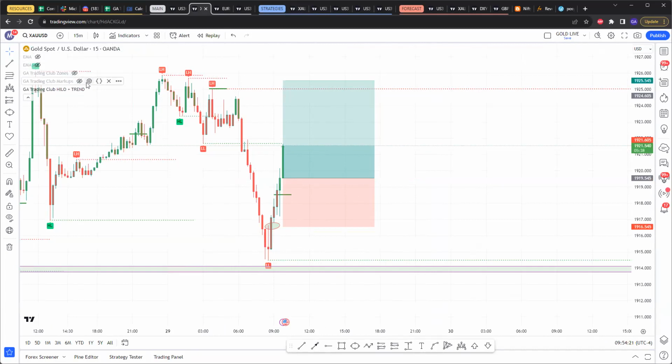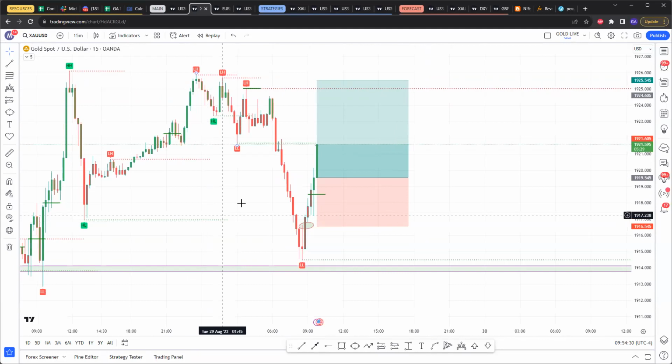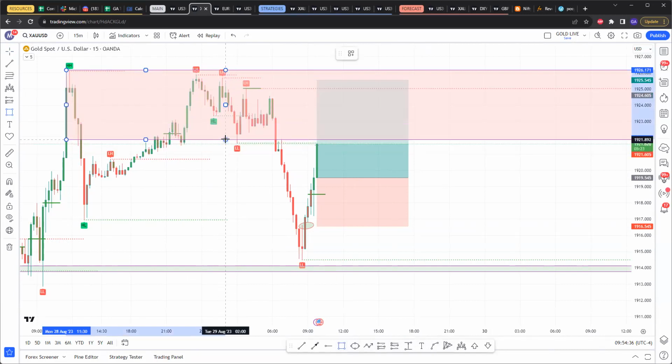Yep. And I know I looked this morning, we also do have an hourly OB right here. I think this is that pattern, what is it called? Accumulation, manipulation, distribution. How am I drawing this rectangle?